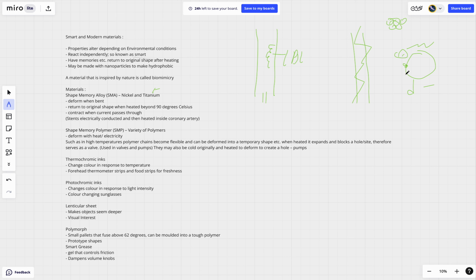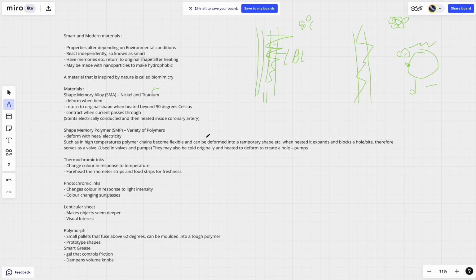But when it is heated, particles vibrate more and gain more energy, and therefore move a bit further apart, so we heat it past 90 degrees Celsius in the coronary artery to inflate it. Another way to do it is using a balloon. That is a more common way to do it, because it doesn't carry the risk of some heat injury for the artery, I suppose.